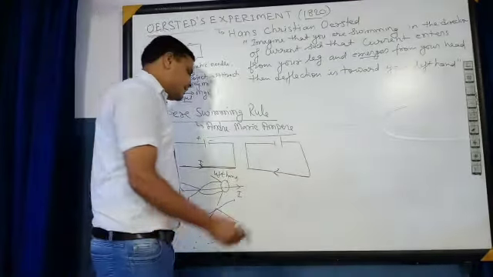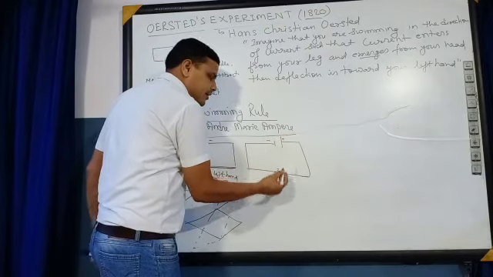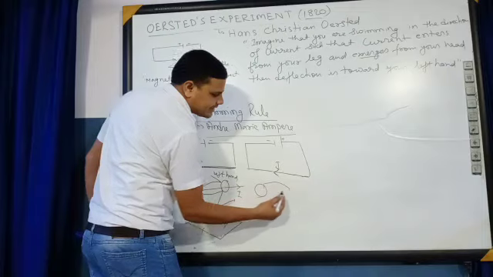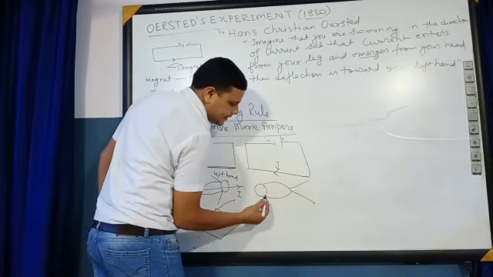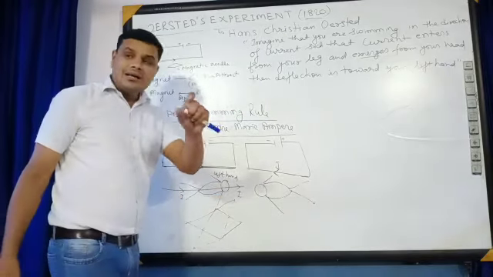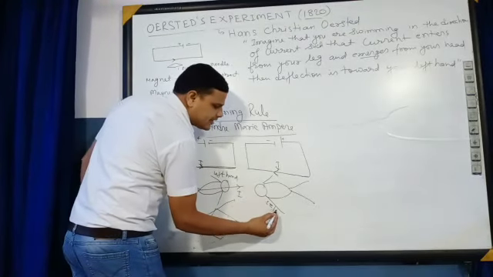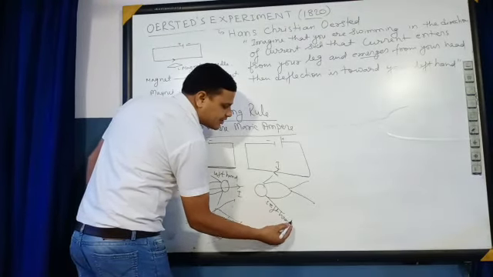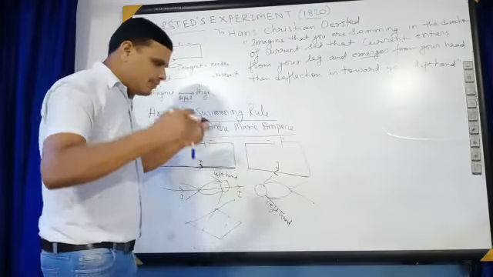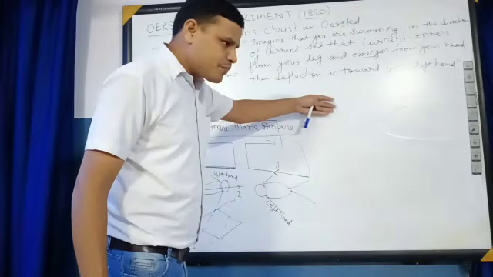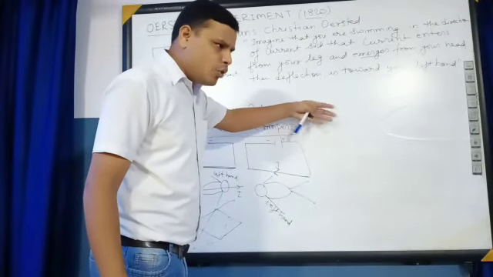Then what will happen if current is going from right to left? Then we have to swim in the direction of current. Then deflection is toward the left hand. Deflection is always toward the left hand. Don't think that if you are swimming in this direction, left to right, then deflection is toward the left hand, toward the board.